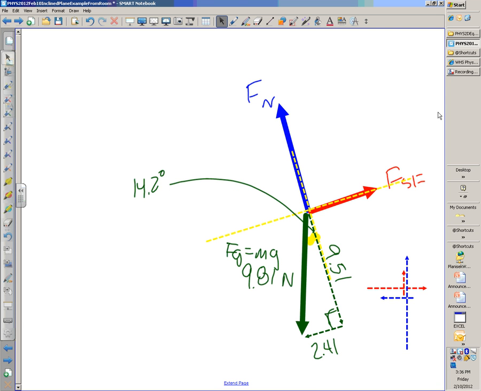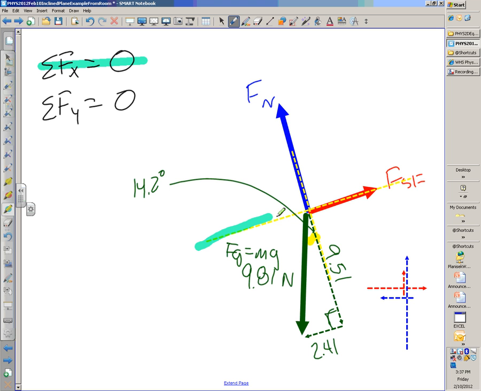Now, because this object is sitting motionless, we said there have to be two conditions that have to be met. Our two conditions of equilibrium, that being net force on the x-axis being equal to 0 and net force on the y-axis being equal to 0. If we take a look at the x-axis, that's this axis in the picture. Okay? There are only two forces that are acting on that axis.